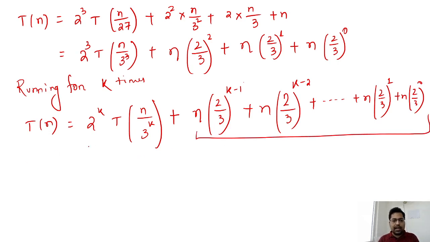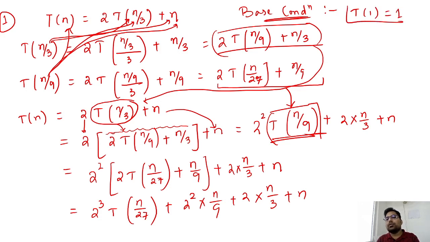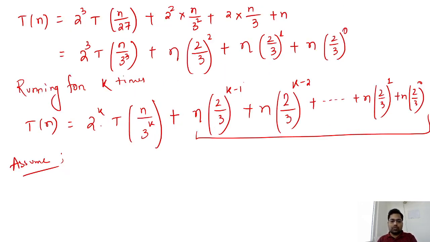Now you can assume, once you are running for k times, you should go for the assumption. Assume you have reached the base condition. The base condition we have to take is, suppose T(1) is 1. So in this you have reached the base condition.